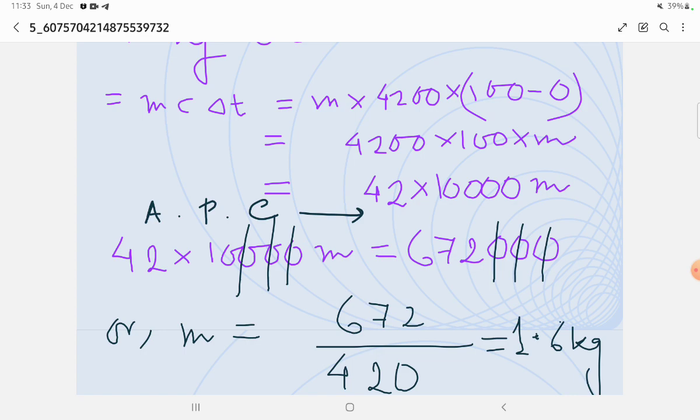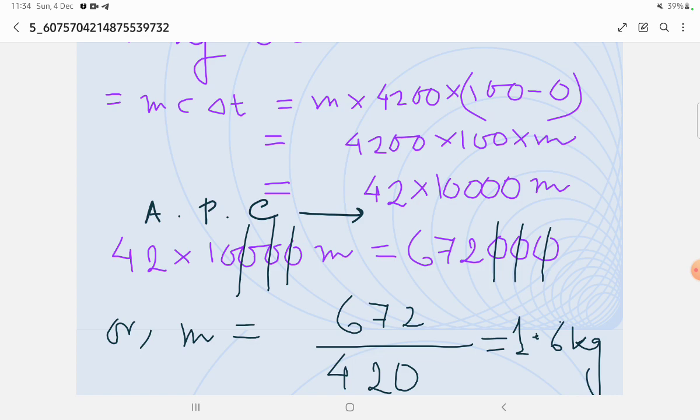So this is according to the principle of calorimetry: the amount of heat lost by the 100 degree Celsius water to be converted into 0 degree Celsius water, and the amount of heat energy gained by the block of ice when the 2 kg block of ice at 0 degree centigrade will be converted to 2 kg water at 0 degree centigrade. Listen, here I can't say ice to water.